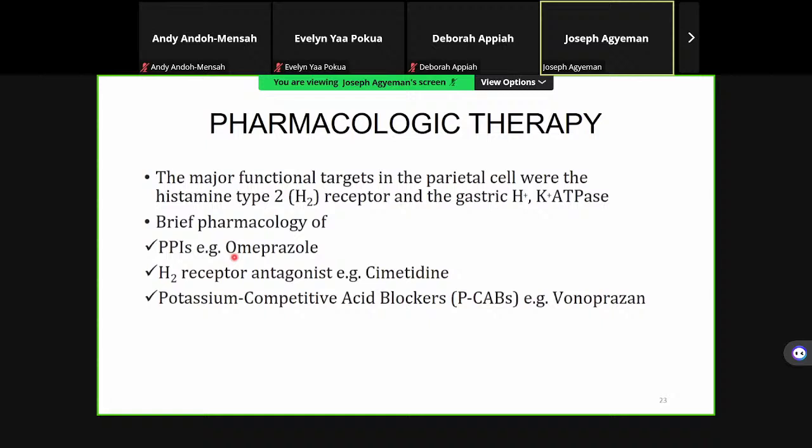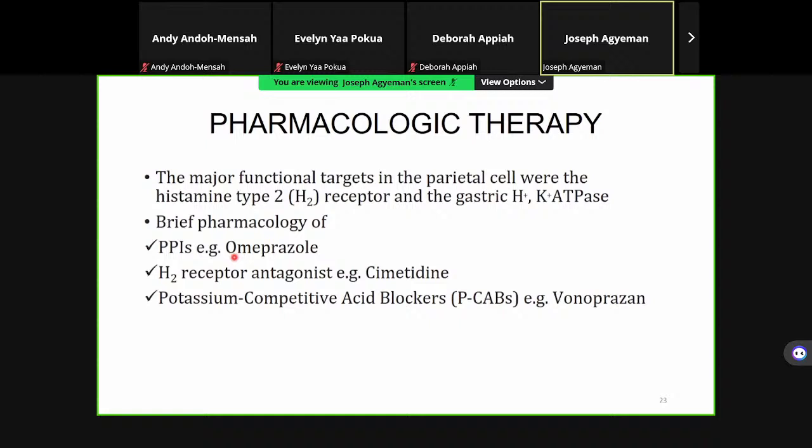So if this parietal cell wants to secrete further acid, it will not be through this proton pump. There should be newer proton pumps that haven't been blocked by the drugs. It is only through this mechanism that additional acid release can occur.